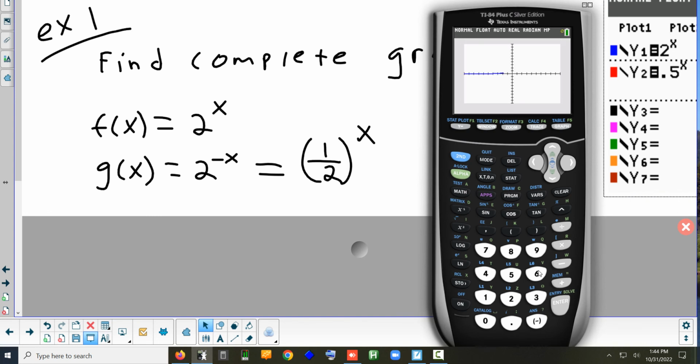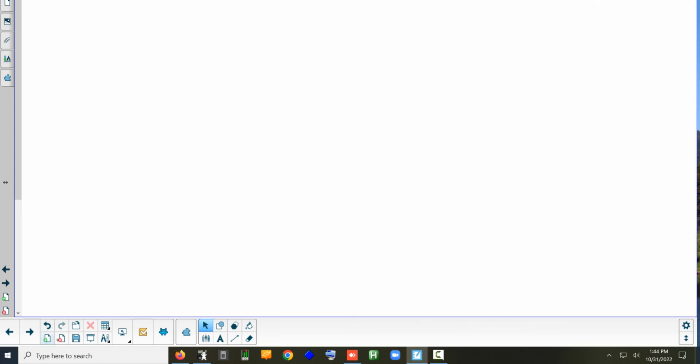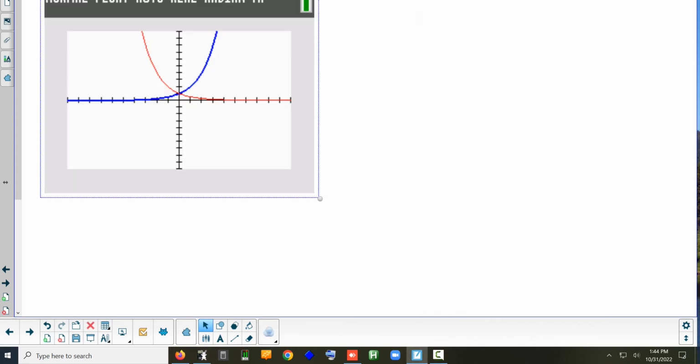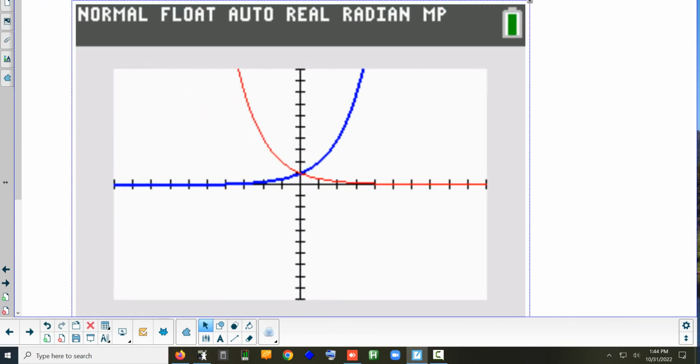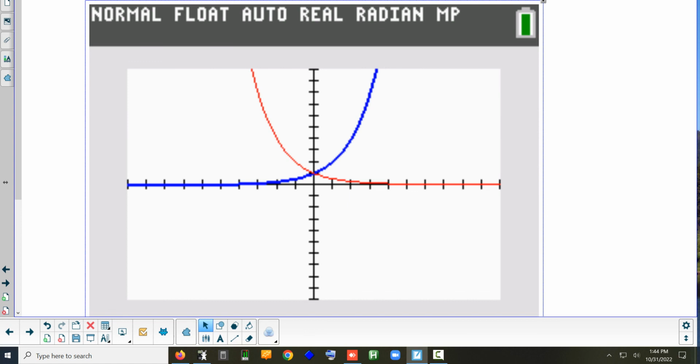Okay, so the first one you're looking at is 2 to the x. And then we're going to look at 2 to the negative x, or 0.5 to the x, same thing. Let's make that so we can see it a little better. Does anybody see a connection between the one in blue and the one in red?